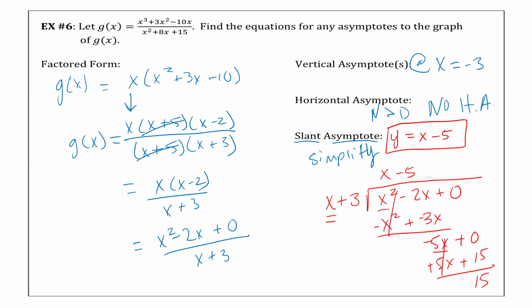So 15 is your remainder, and therefore x minus 5 is your slant asymptote. Again, I strongly encourage you to find the slant from the simplified, to simplify first, but if you want to find it from the beginning, who am I to stop you? I won't stop you.